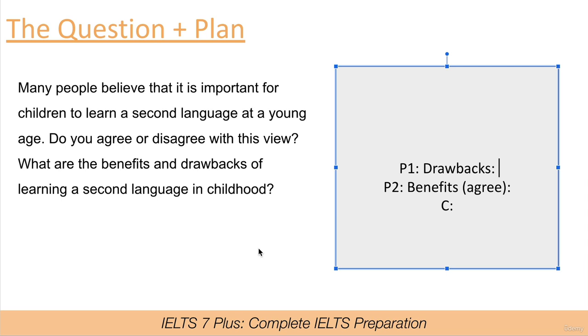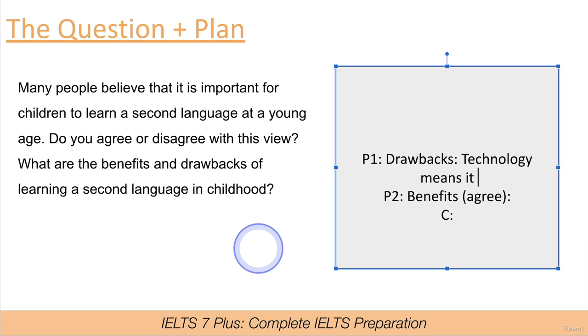Right, so let's think about some drawbacks of learning a second language at a young age. Okay, so nowadays technology is very prevalent. You may not need to learn a second language. It's not as essential because you can use apps, you can use translators, things like this.